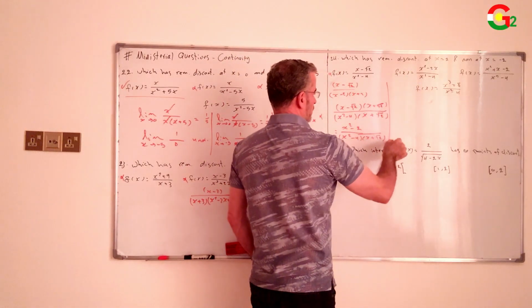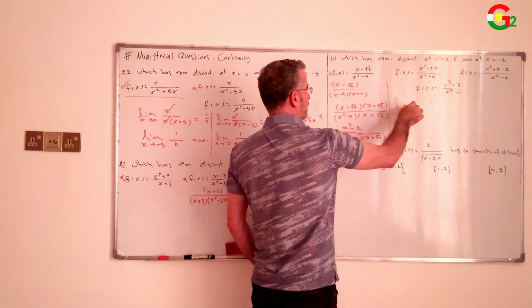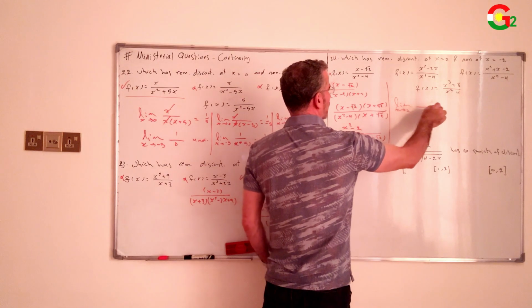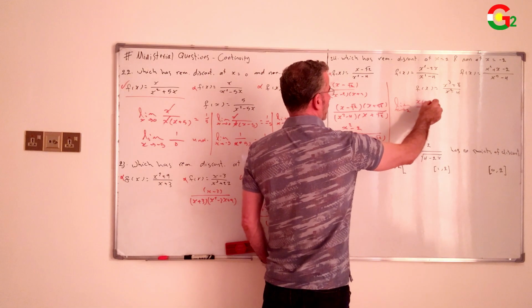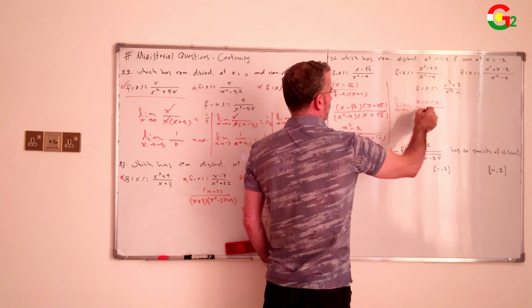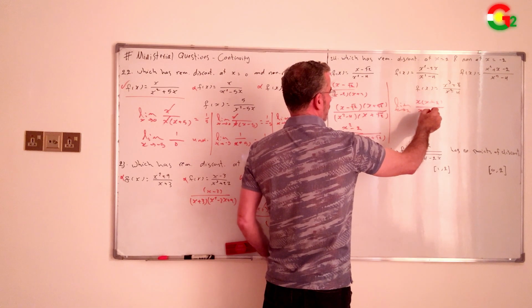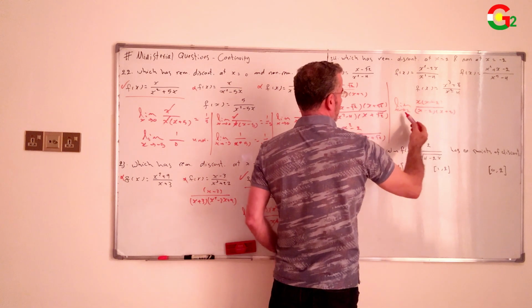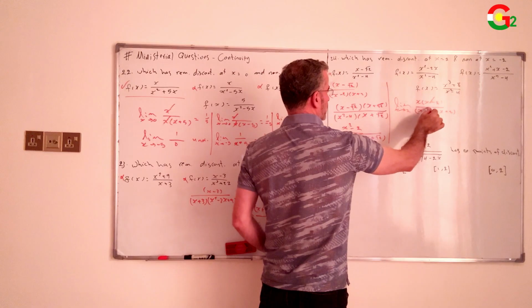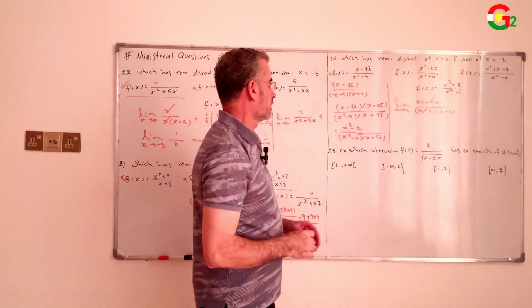For the second function, the limit when x approaches 2: factorize the numerator by x minus 2, analyze the denominator, the difference of 2 squares, x plus 2, and reduce x minus 2 with x minus 2.